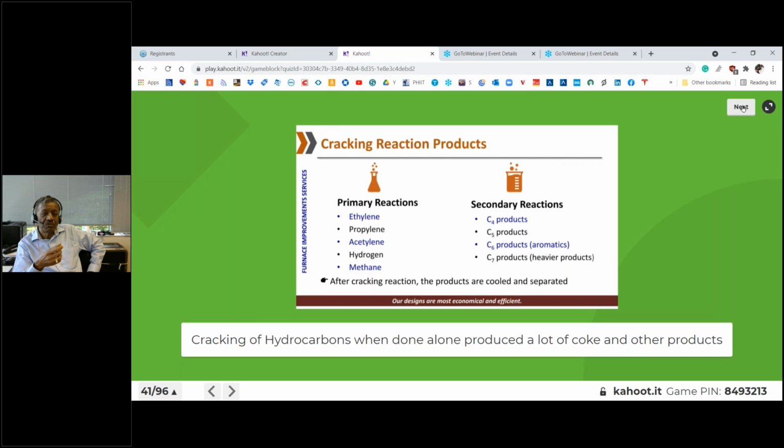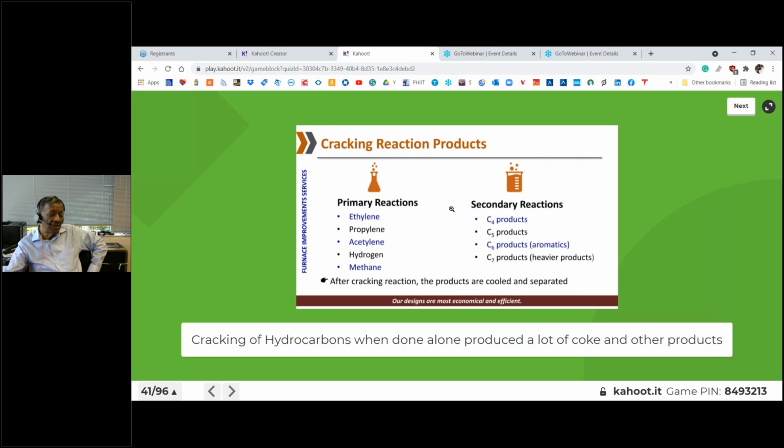The way to stop these reactions is to cool them quickly and separate them in the cold section.